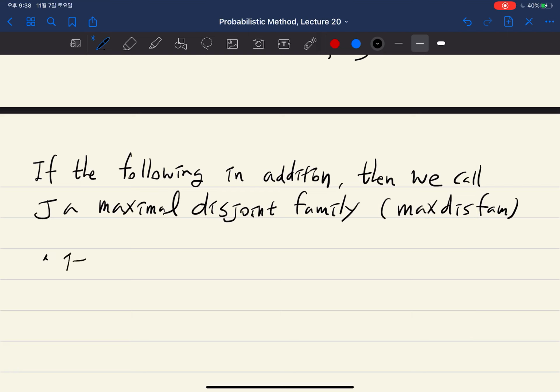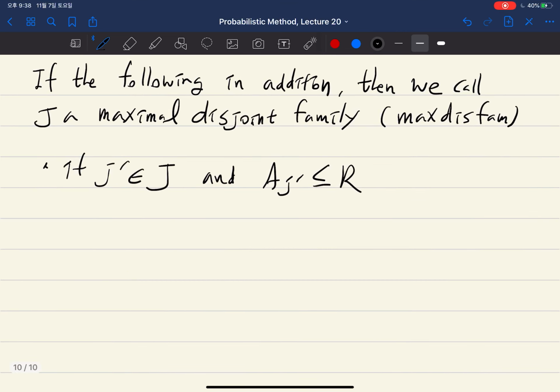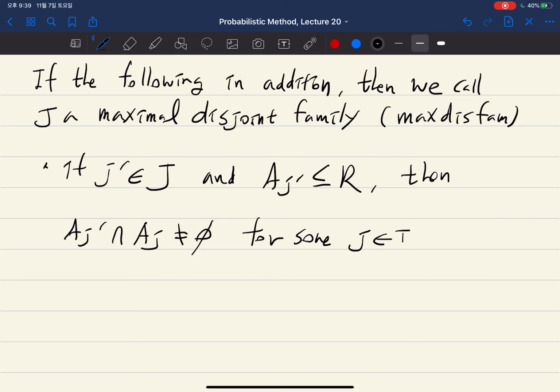So this is actually maximal, which means that for all J prime outside of J, if B sub J prime is an event that occurs, then A_J prime and A_J intersect for some J.